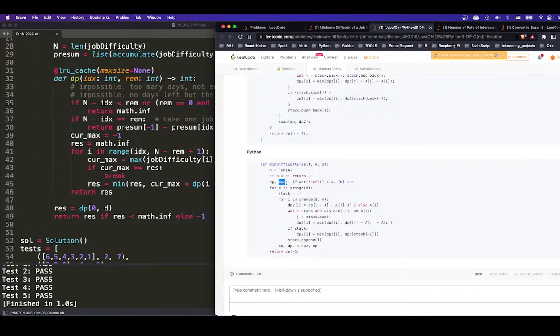Working for 1 day. No, this is working for, or is that working for 0 days? Basically, we start with 0, right? This is 0. This is 0 day.